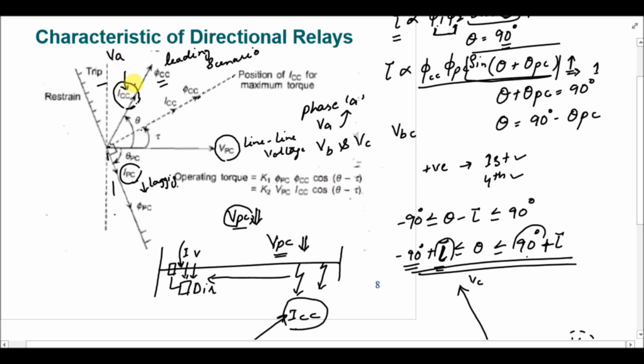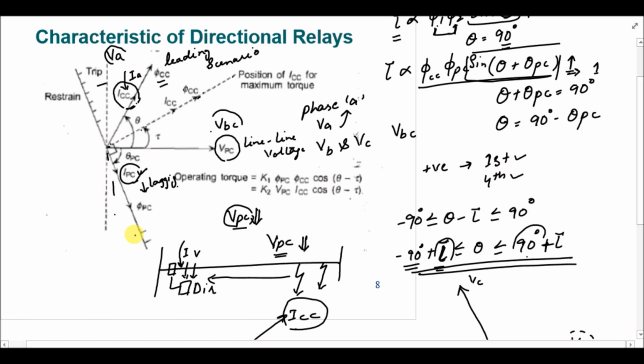For example, in this case, if I am considering we have a fault in phase A, the current IA is with respect to VA, the voltage of phase A. But in case of fault in phase A, we will be considering the voltage VBC as a polarizing quantity. And with respect to this VBC, the potential coil current will be lagging and will be in this direction. Right?